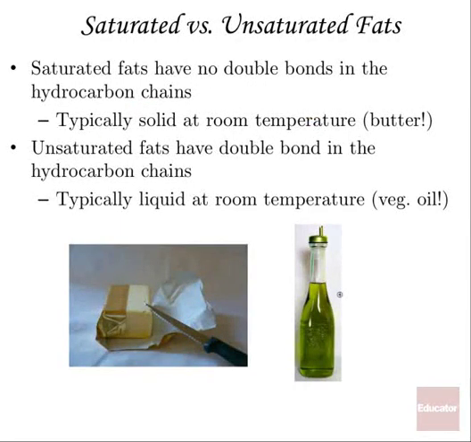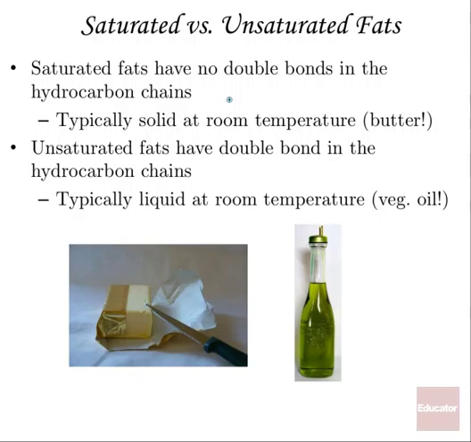Here we go, saturated versus unsaturated fats. So saturated fats have no double bonds in the hydrocarbon chains. So when you don't have double bonds in that chain of hydrocarbons, so just carbon, carbon, carbon, carbon, carbon, carbon, carbon, with H's attached all over it, you don't get little kinks. The double bond can make it bend. So they're all flat.